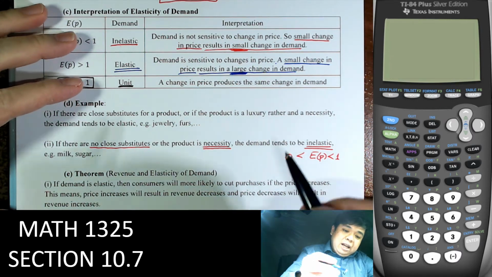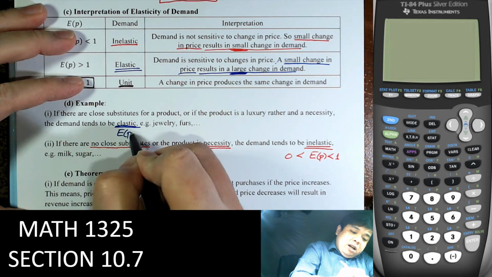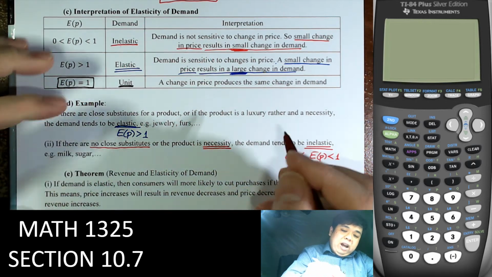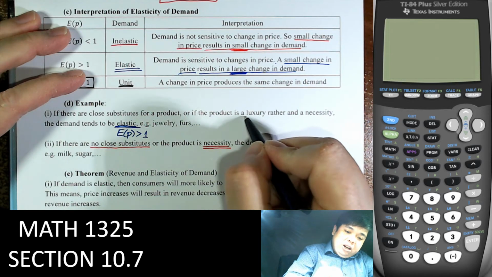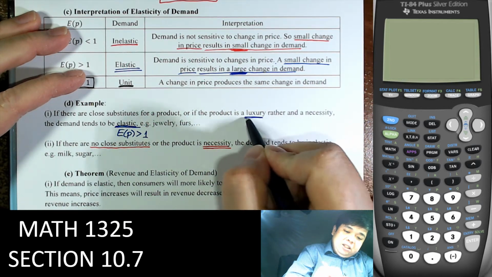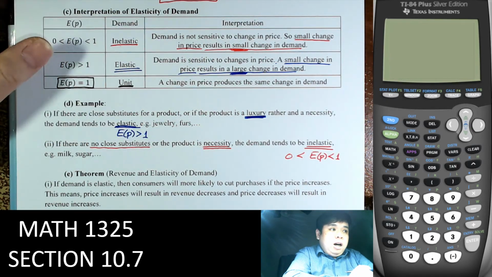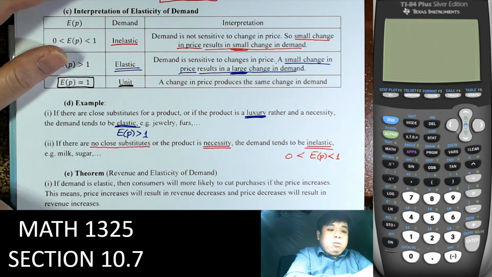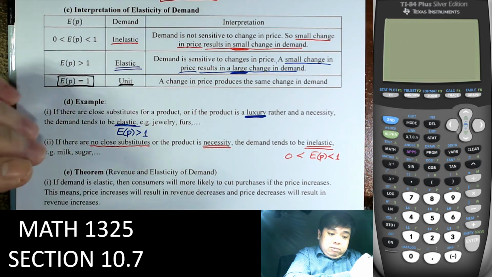Right, elastic is where the elasticity of demand is bigger than 1. So this is what we consider to be a luxury rather than a necessity. Luxury items, for example jewelry, and first, a few years or 10 years ago, or even now, high-tech products should be elastic.